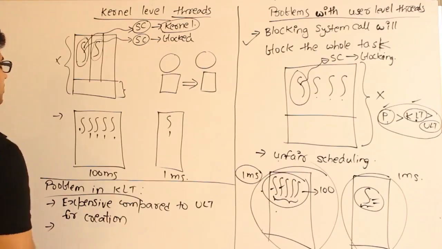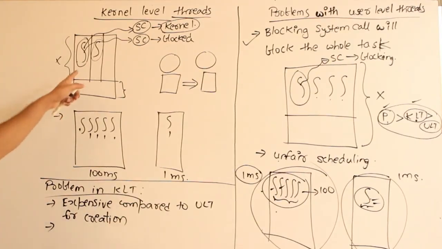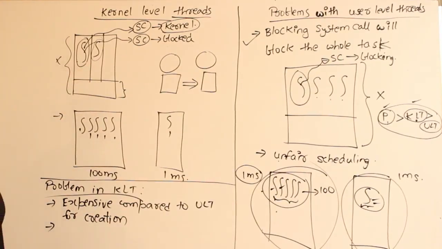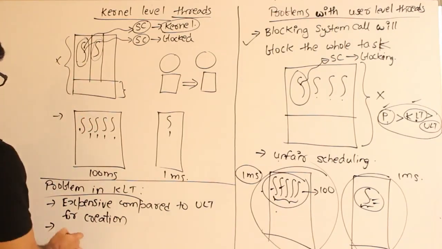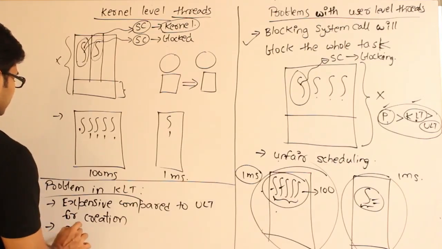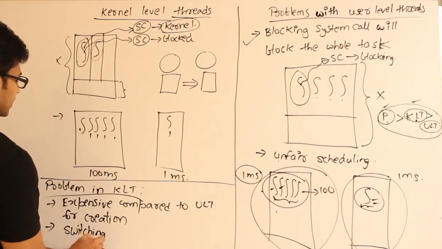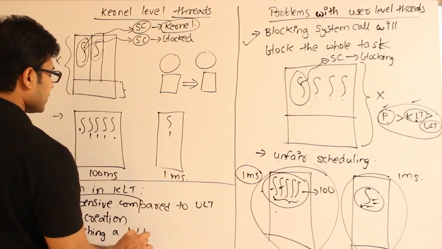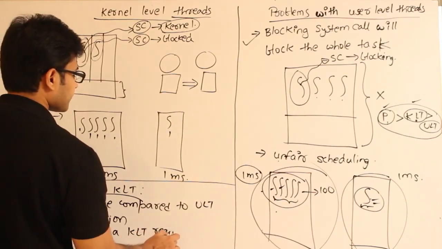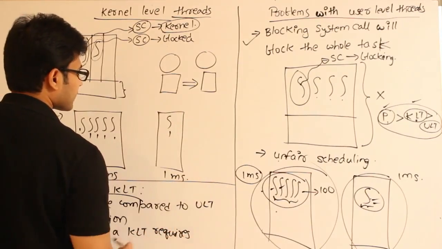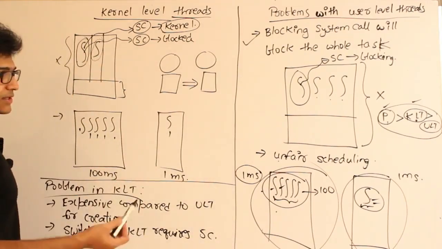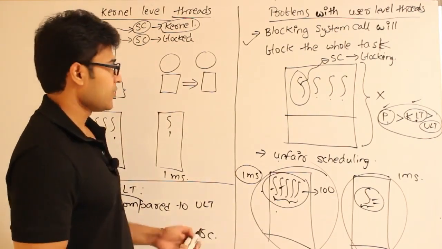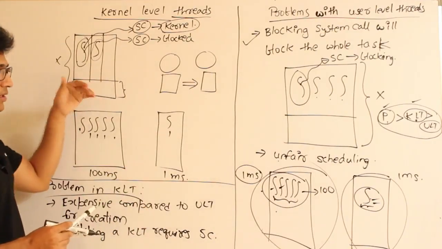And what is the second problem? The second problem is that switching is not done without a system call. So switching a kernel level thread requires a context switch, right? It requires a system call again. Just like switching processes, when we switch the thread, you have to call the operating system.